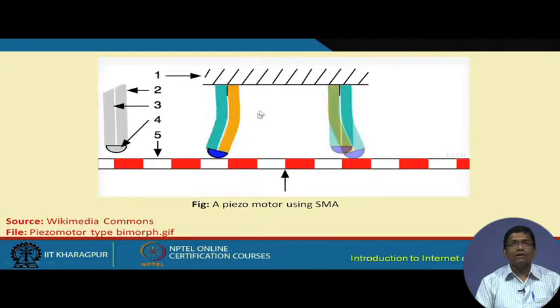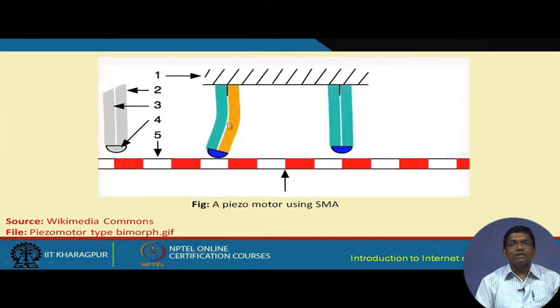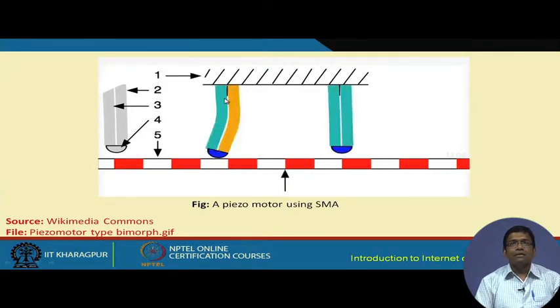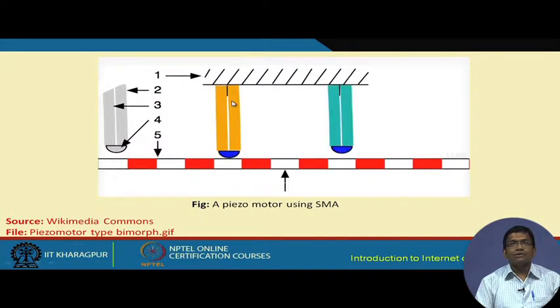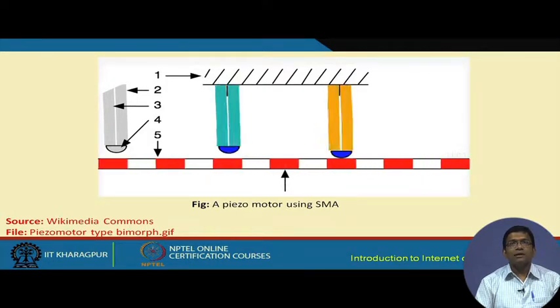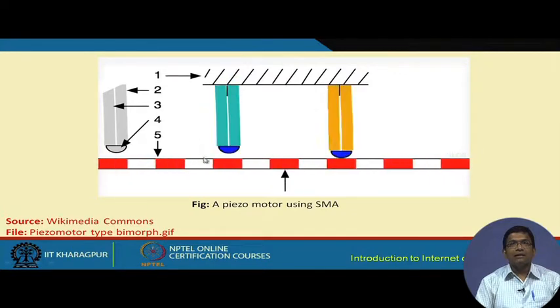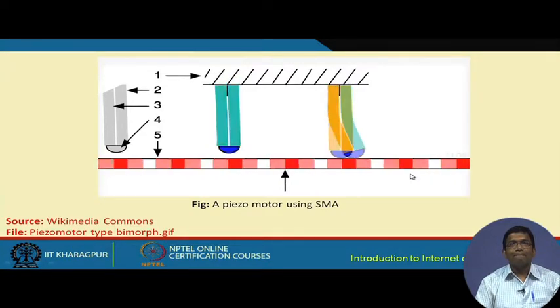As you can see over here, these are the different steps in which it works. These are two metal strips, and when energy is passed through them, they bend, and when they bend, they move this red and white strip mechanically.